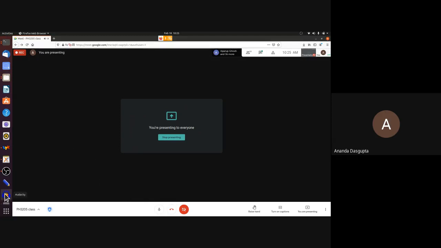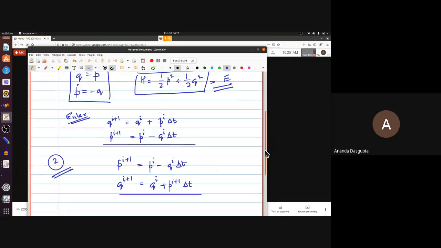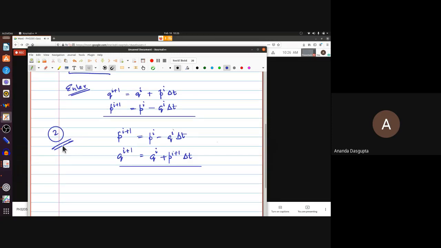Okay, so now I would have liked to spend a whole class on this, but I simply can't because I have to make a start on the second topic. But this is basically an illustration of the difference between two different kinds of algorithms. Let me just point out that if we look at the Euler algorithm, let's give the second one a name.